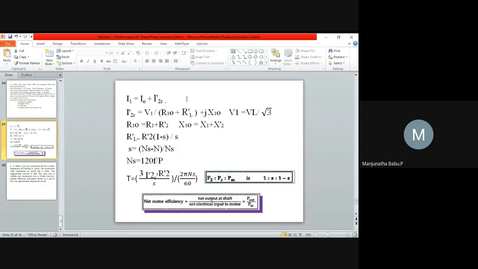So convert that to rectangular form, in terms of j.